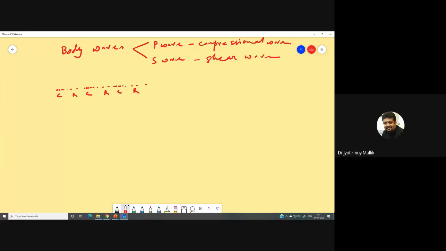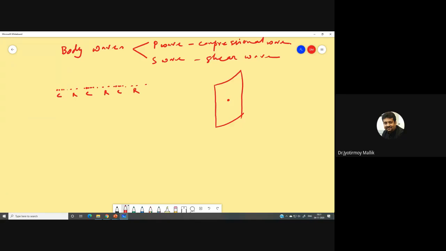Now, let us imagine that this is a segment of the wavefront that I just described to you, a curved surface. And let us say that this is the point of intersection with the ray path.